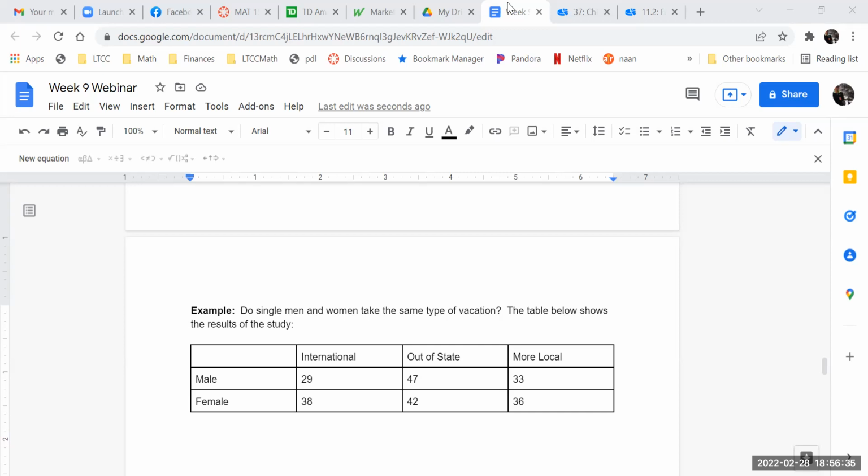Is this a goodness of fit test? No, not a goodness of fit test, because we don't know any specific distribution that we're comparing to. Is this a test for independence?